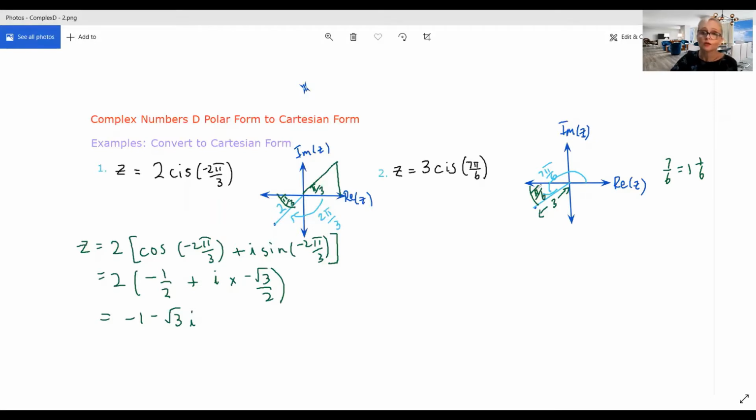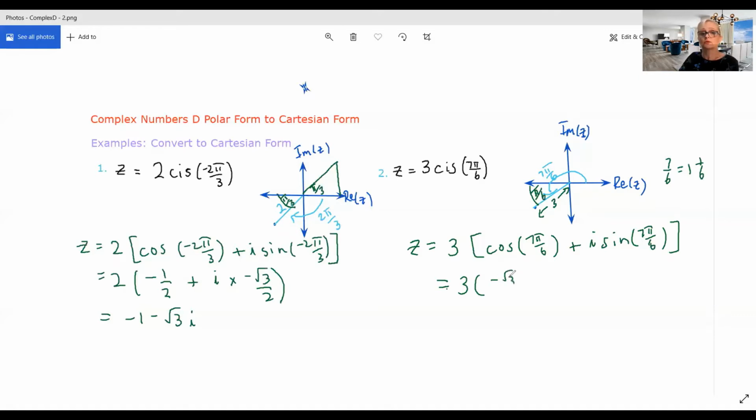So doing our horizontal reference, thinking back to my unit circle videos, when we expand this out, we've got z equals 3 times, okay, cis means cos plus i sine, so cos of 7 pi on 6 plus i sine 7 pi on 6. And we're going to end up with 3 times, okay, cos here will be the same as cos of pi on 6, but it will be negative.